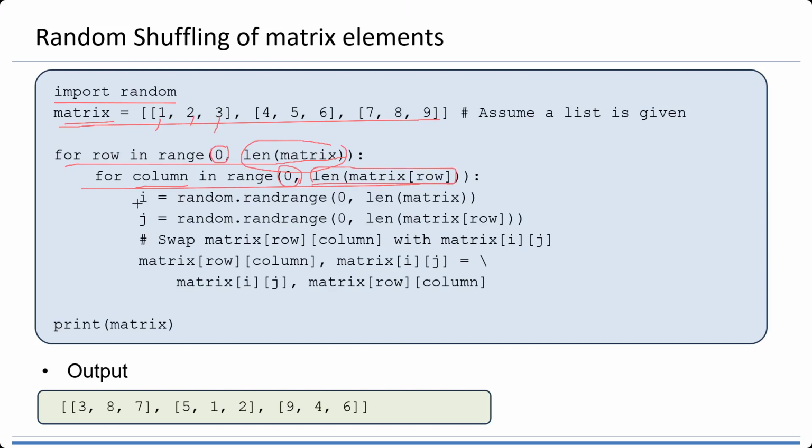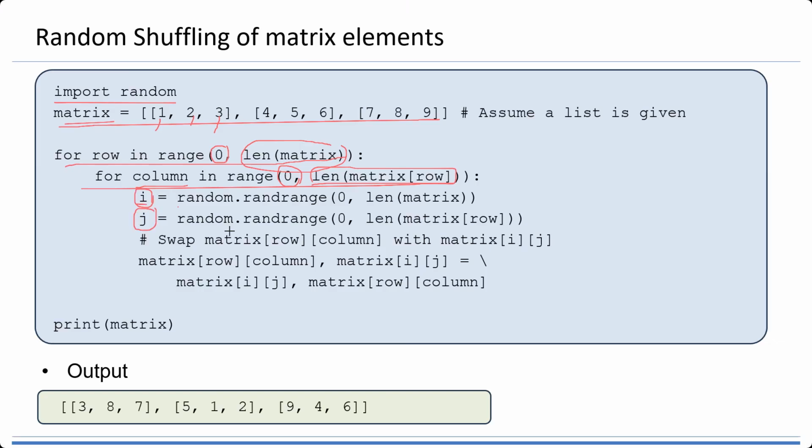Let me just give a random i, which is the randomize. This is to make a place for the row, and this is to make a place for the column.